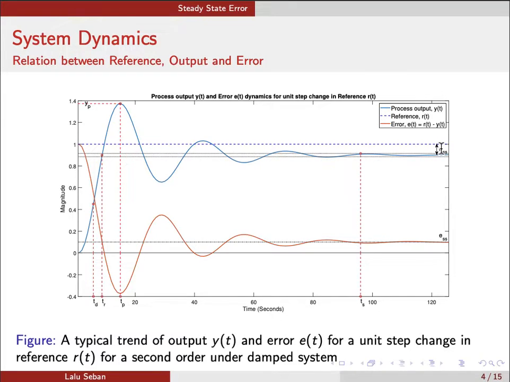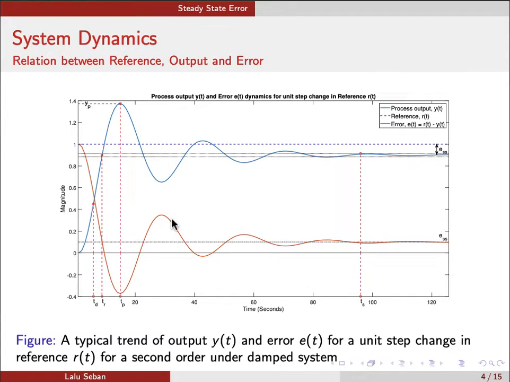So the difference between the reference and the process output, that is 1 minus 0.9, which is equal to 0.1, is a steady state error. So this dynamics, the process output dynamics, is very familiar for us.